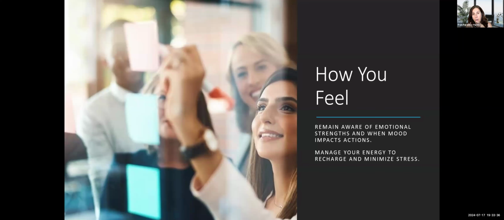This is especially important in stressful situations, where leaders not only need to strategically utilize their self-awareness of their moods, but also maintain their energy levels in order to help others recharge and minimize stress.